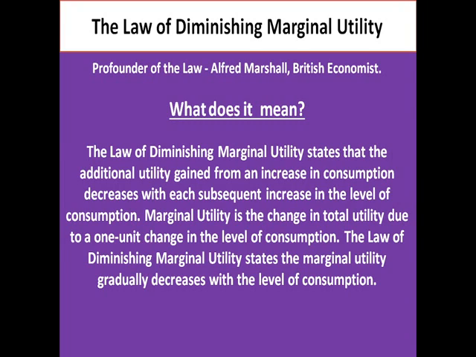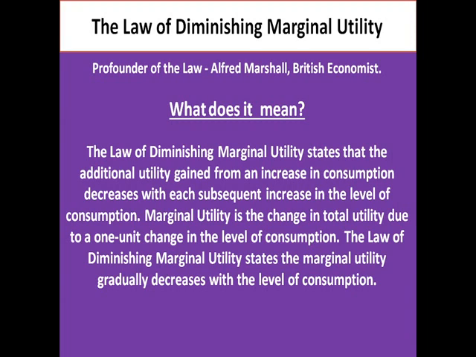So if you are consuming, suppose sweets, we are taking the same example that we took last day. Suppose you are taking sweets. Now the satisfaction that you derive from the first unit of sweet, that is the first rasagulla, suppose it is 10, then your utility or satisfaction from the second unit of rasagulla will definitely be less than 10.